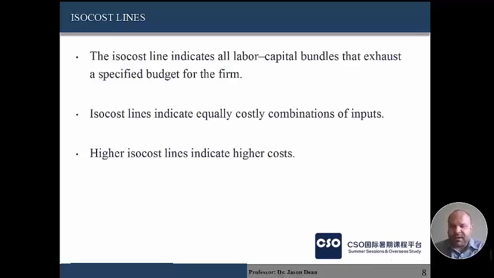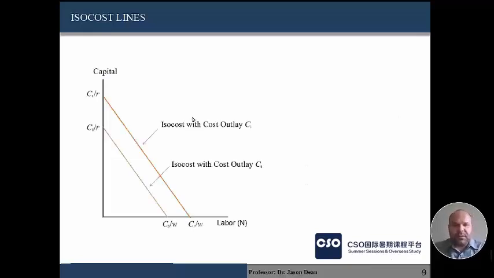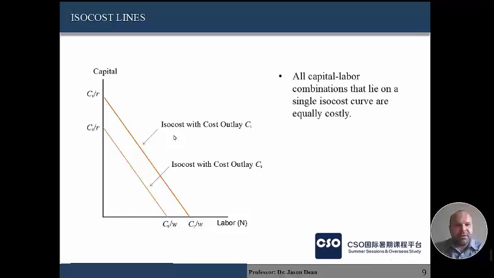Higher isocost lines indicate higher costs. So these are what they look like. They're straight lines. So this isocost line represents all of the combinations of capital and labor that result in a cost of C0. And similarly for this isocost line, these are all the combinations of capital and labor that result in an outlay of C1.